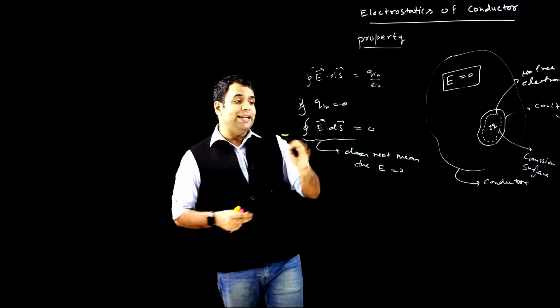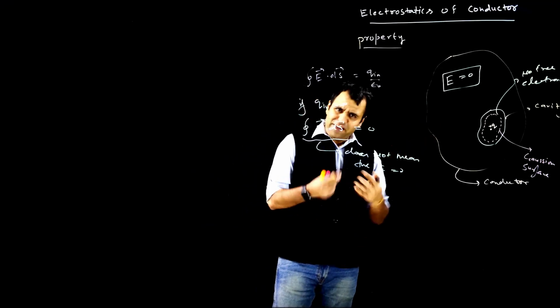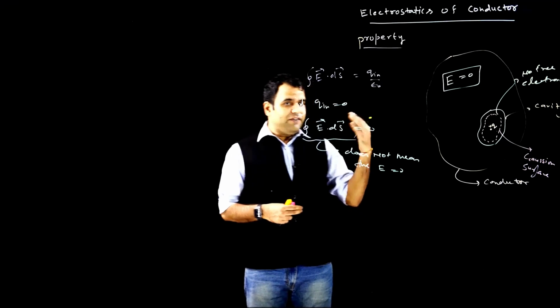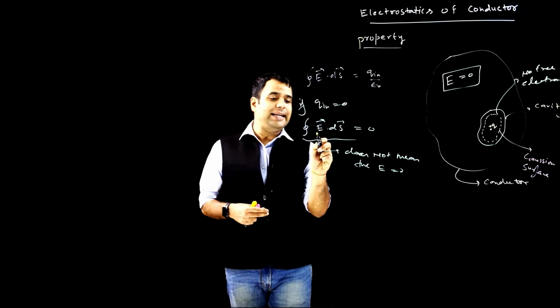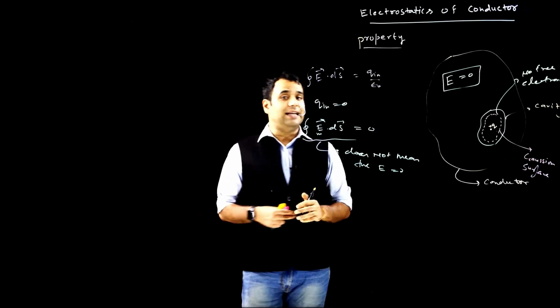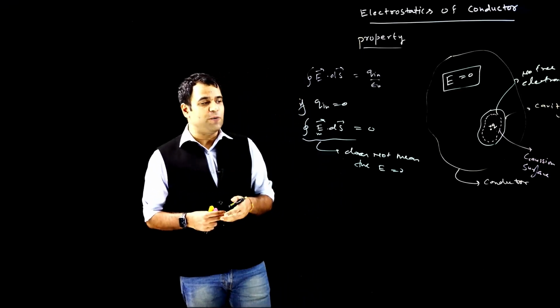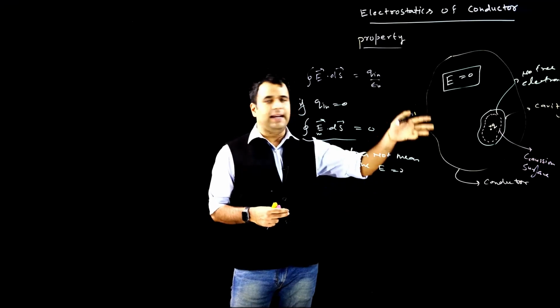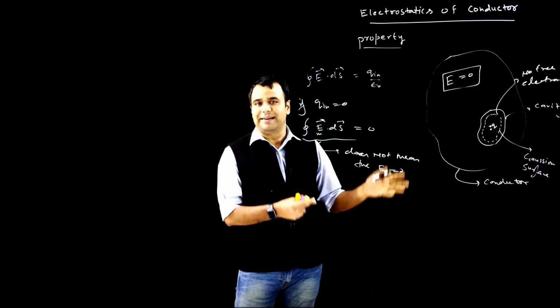We can only deduce that E dot ds will be 0. If there is some symmetry with q in 0, and due to that symmetry I can take this E outside of the integration sign, as we used to do in case of Gauss law, in that case we might be able to say that E will be 0. This is a general case. There is no symmetry here.